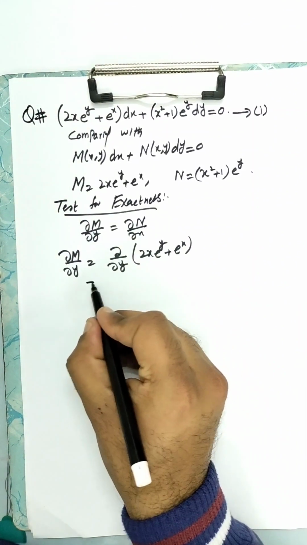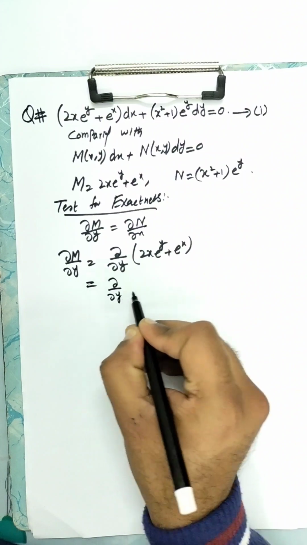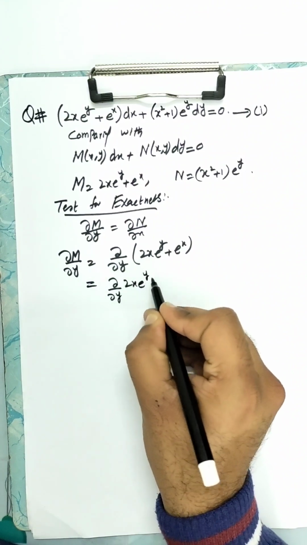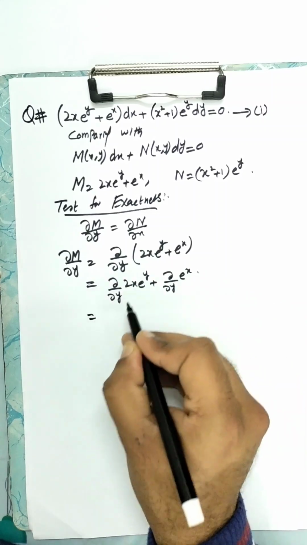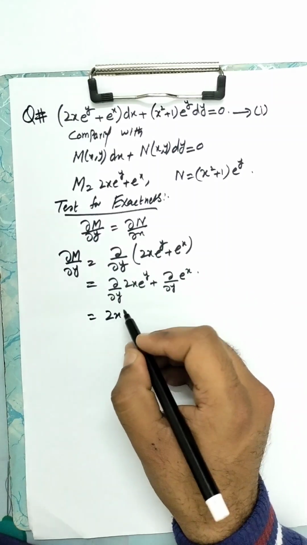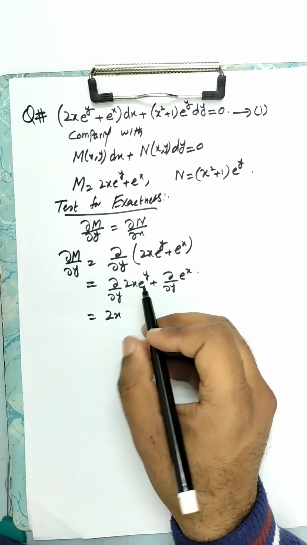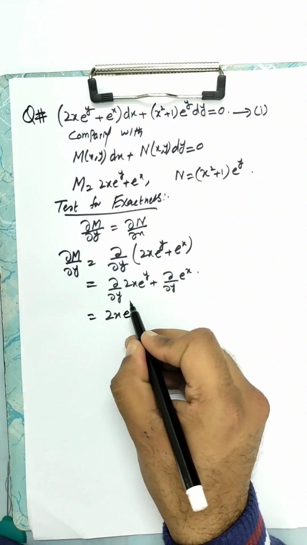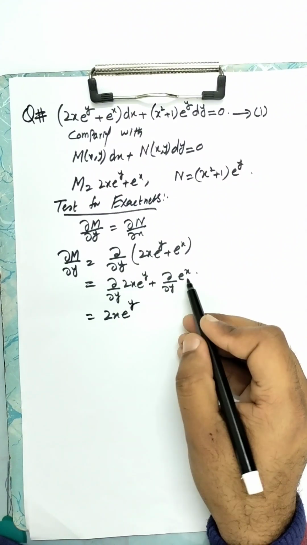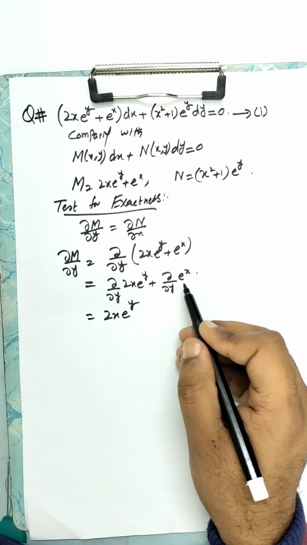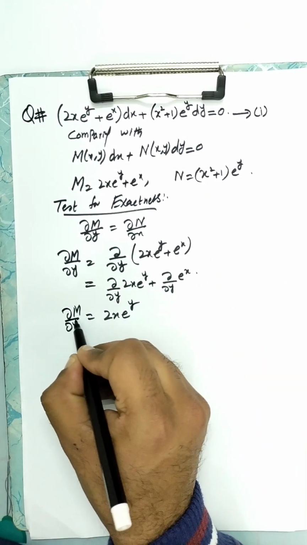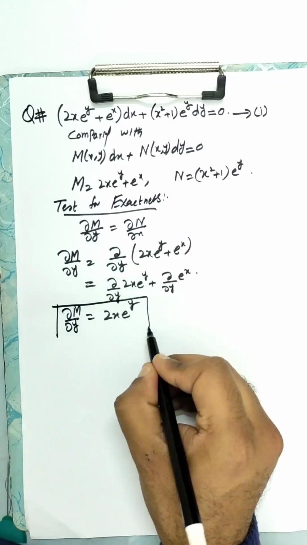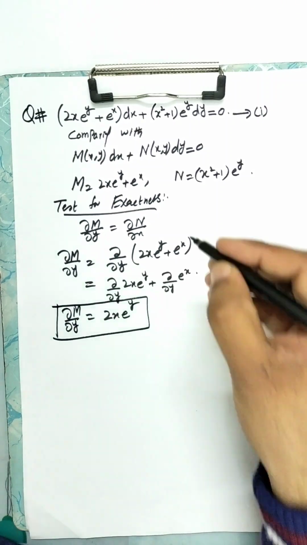This is equal to partial over partial y of 2x e raised to power y plus partial over partial y of e raised to power x. So 2x behaves as a constant because we take the partial derivative with respect to y, and the derivative of e raised to power y is e raised to power y, and the derivative of e raised to power x with respect to y is 0. So partial M over partial y is equal to 2x e raised to power y.